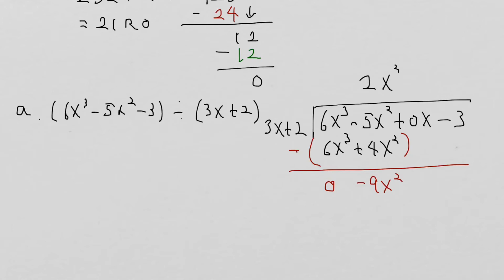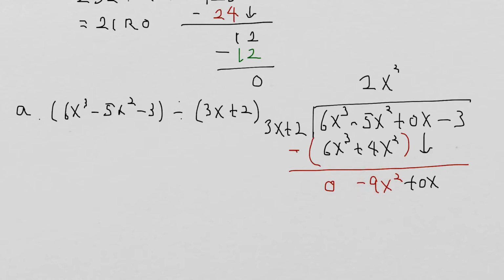Now you bring down the next term, which is plus 0x, the missing term, right? Now you have two terms. Now you're going to see what you need to multiply 3x by to become negative 9x squared.